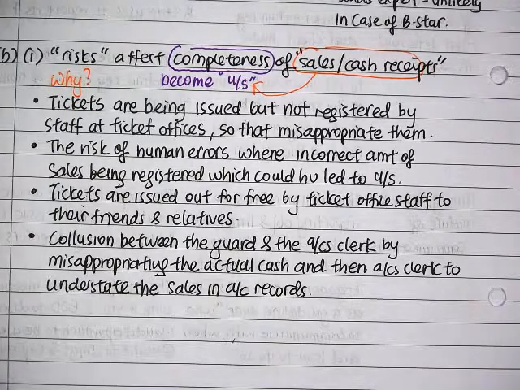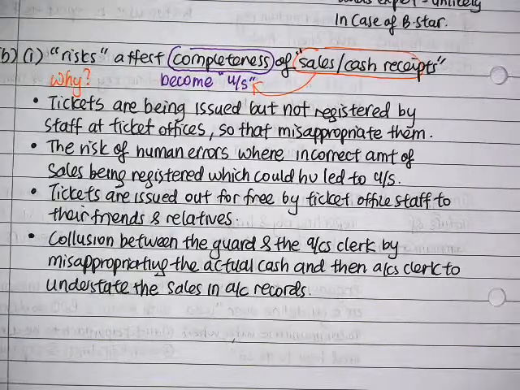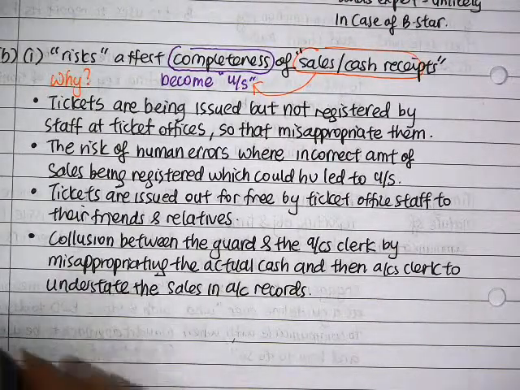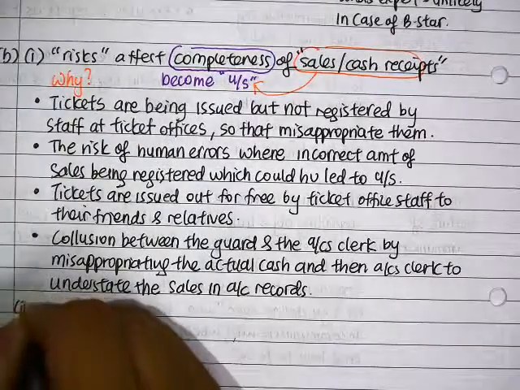Okay, what's in B2? Now B2 is asking something a bit theoretical. They ask us to what extent you can use TOC and SP to confirm completeness of your income. Okay, B2.